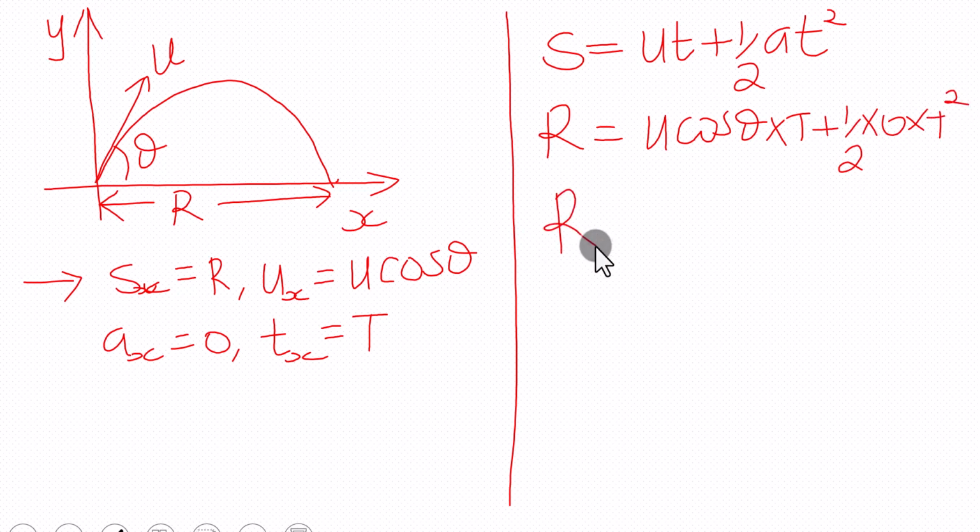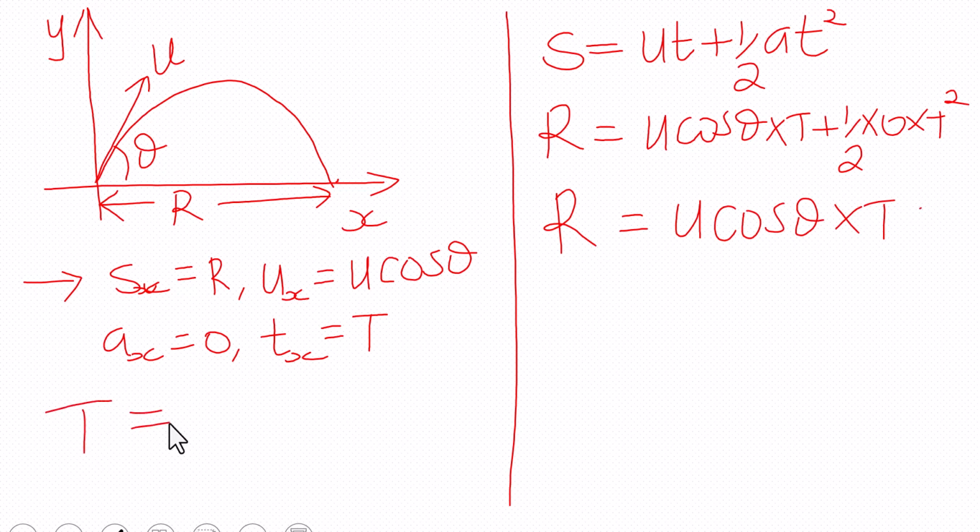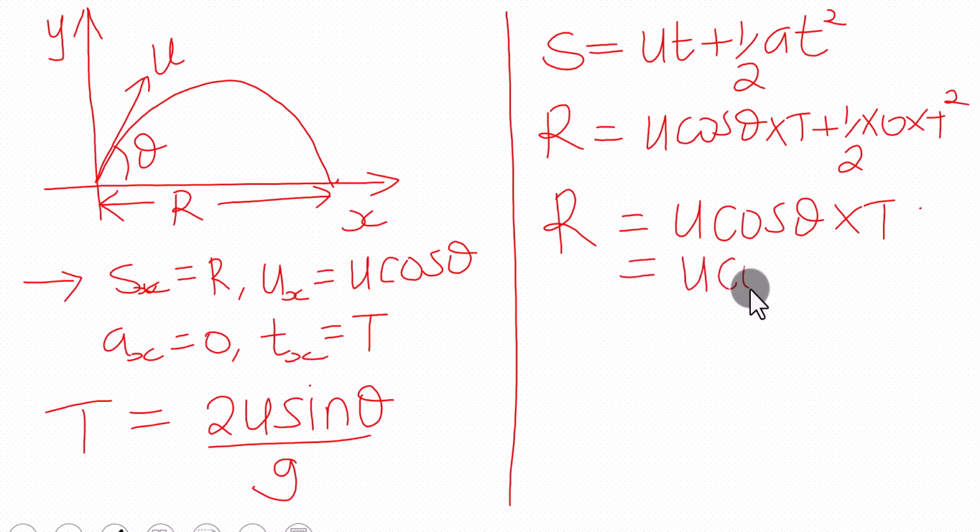So you realize that you'll have u cos of theta times capital T. And you remember our capital T was 2u sine of theta over g. So you bring it in here. So you will have u cos of theta times 2u sine of theta over g.